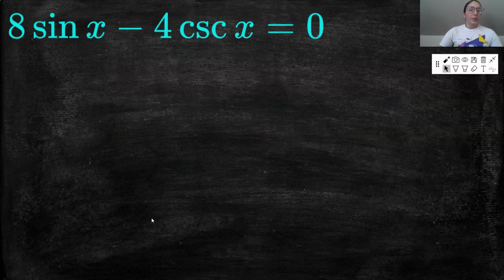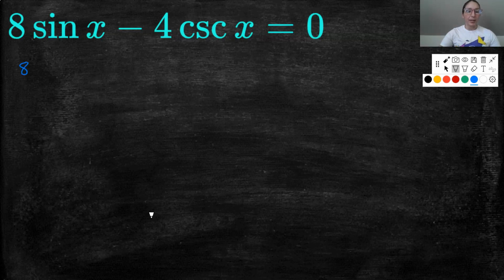So here's our first example. 8 sine x minus 4 cosecant x equals 0. This is a little different, right? Because I can't combine these, since that's a sine and that's a cosecant. But maybe I can transform these into each other. Well, luckily, sine and cosecant are reciprocal partners of each other.